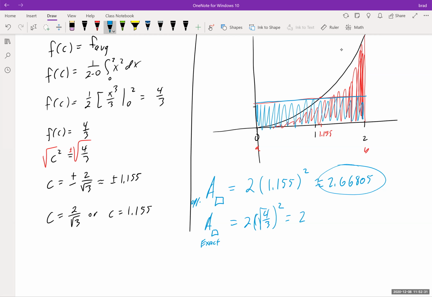So this would just be 2 times 4/3, which is 8/3, which is the exact area, right? That would be the exact value of the area under the curve, okay? So that's what this is saying, that we'll always be able to find some c in between a and b, where you can find that height, and based on that height, you'll be able to create a rectangle, and that rectangle will have the same area as the area under the curve.